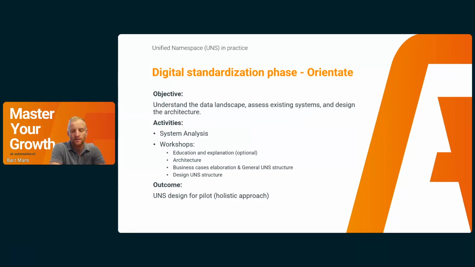The UNS is just a data structure, and whatever we do with the data structure is up to us. If we want to historize the entire data structure, we can do that. It's as simple as setting some checkboxes, and Ignition will historize the entire data structure. Of course, that will mean we need a lot of storage, because if we want to historize all the data, it will consume some space. So you have to think about what the goal is eventually, but it is possible.